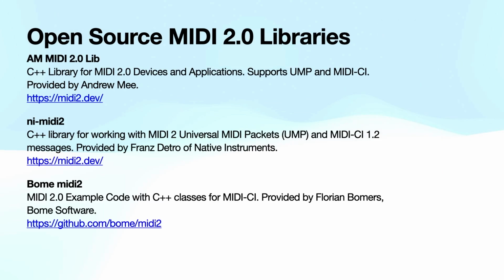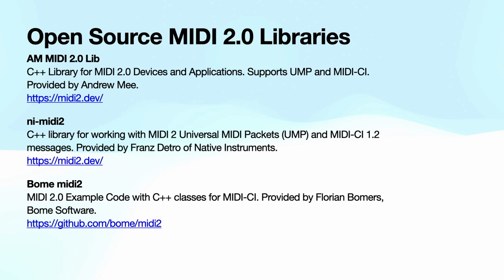MIDI Association members are also releasing open source libraries to help other developers join in bringing MIDI 2.0 to their customers. The AM MIDI 2 library is a C++ library for devices and applications, and that can be found at MIDI2.dev. The NI MIDI 2 library is also a C++ library for many functions, and is provided by Franz Dietrich of Native Instruments, also at MIDI2.dev.